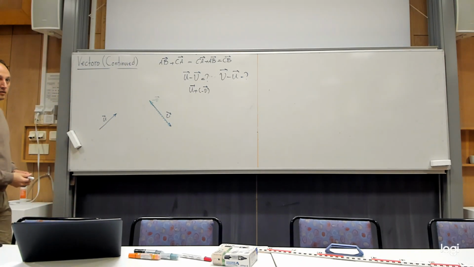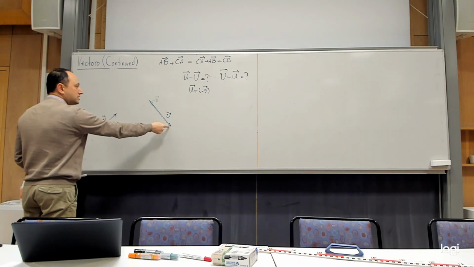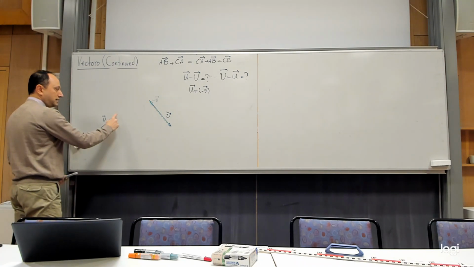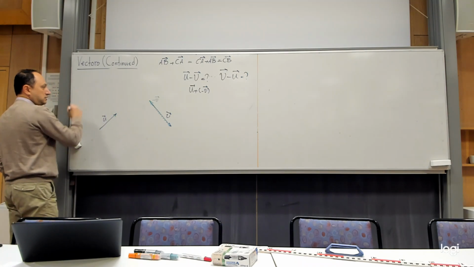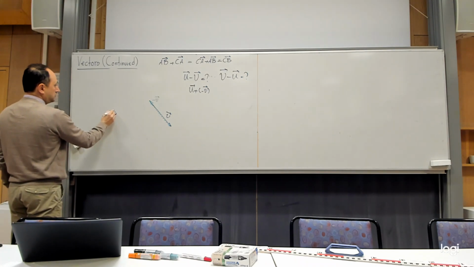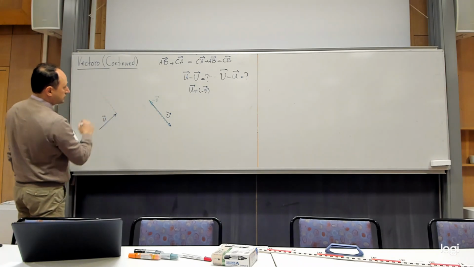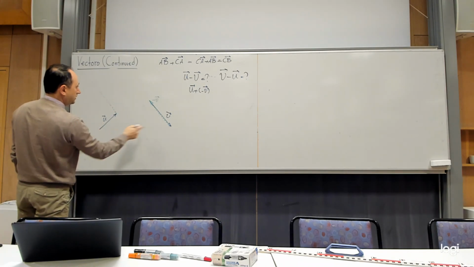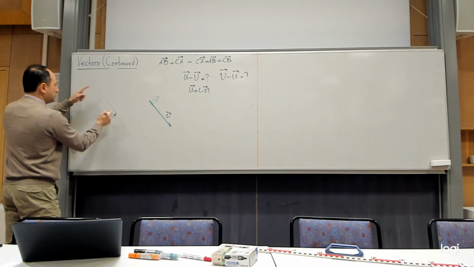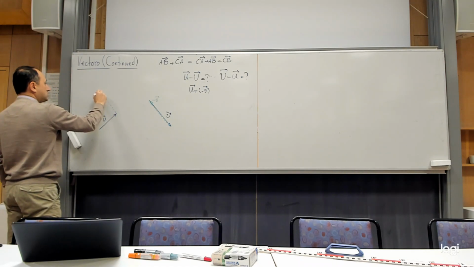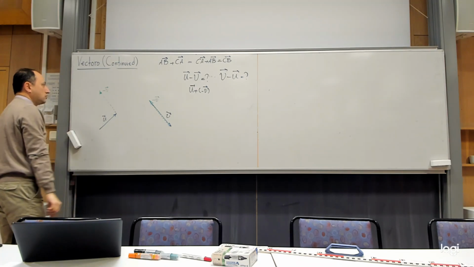Yes? And then you parallel transport this green arrow from the last point of this one. So it means that it should be parallel. I don't know if you can see it because it's hard to draw parallel things here. And then with the same size, yes? So for example, this vector is called minus v.